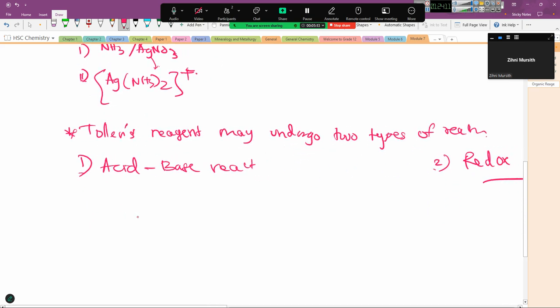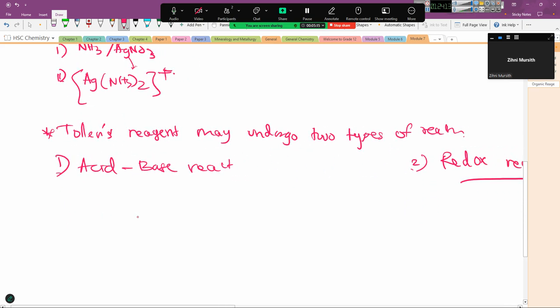Now first let's discuss the acid-base reaction. If Tollens reagent wants to make an acid-base reaction, this is going to be a substitution reaction. Simply the hydrogen is replaced, right? For example, if you have C triple bond CH, the acidity of this hydrogen is high. So this is going to be an acid, and this H is going to be replaced.